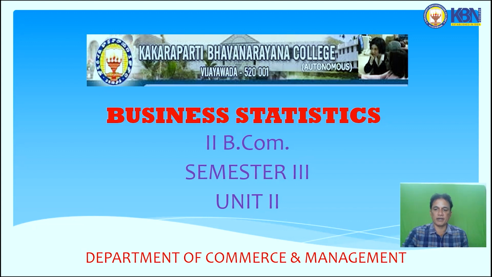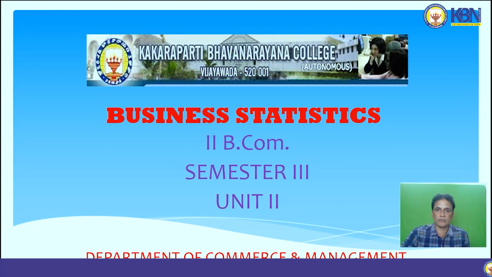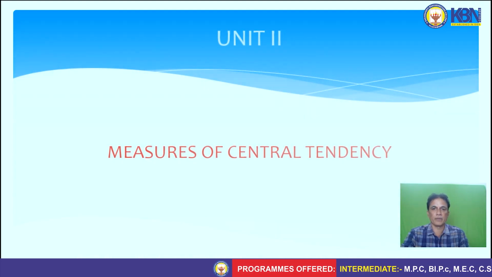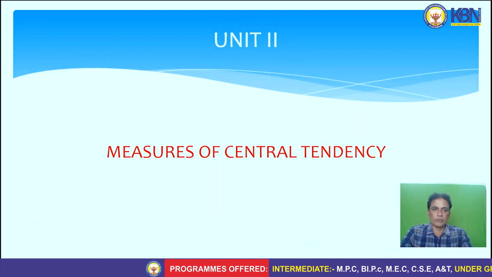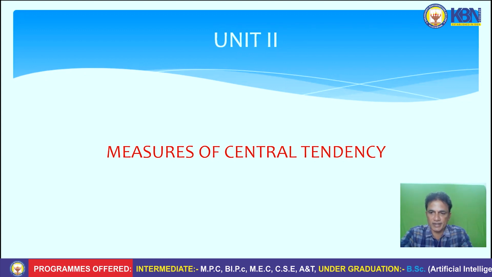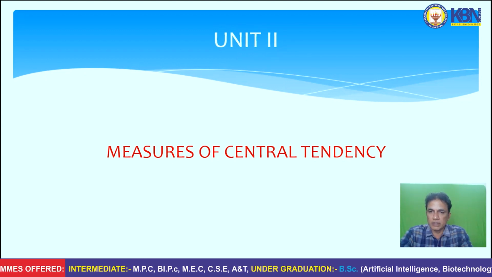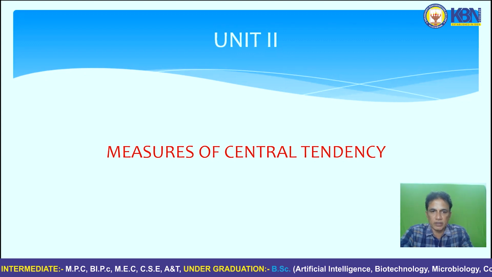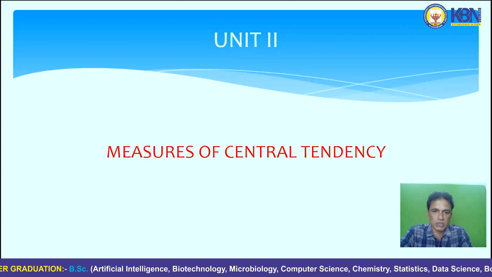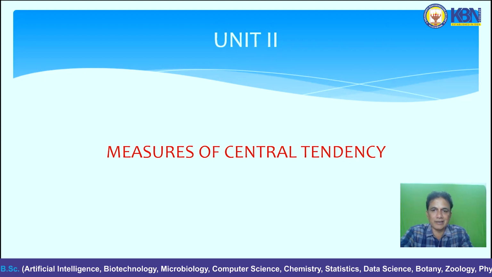Methods of central tendency. Measures of central tendency. First of all, what is central tendency? The term measures of central tendency consists of two words: one is measures, the second is central tendency.